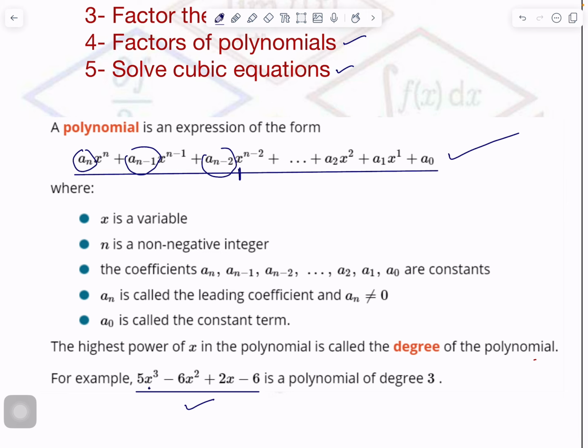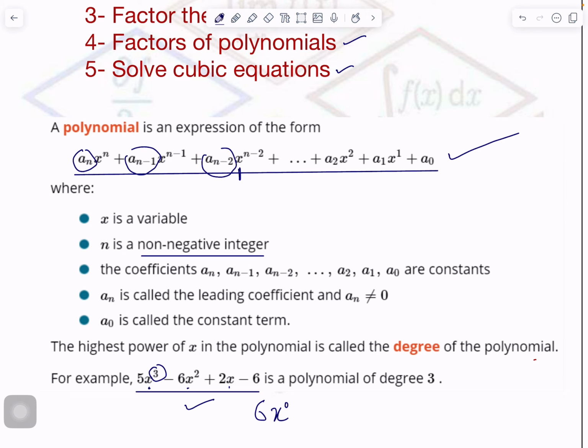All these x are called variables, and n, which is a power here, you can see 3, 2, 1, and 0. These powers are called non-negative integers. So you can have only positive integers or 0 also, because a constant means you have x to the power 0.